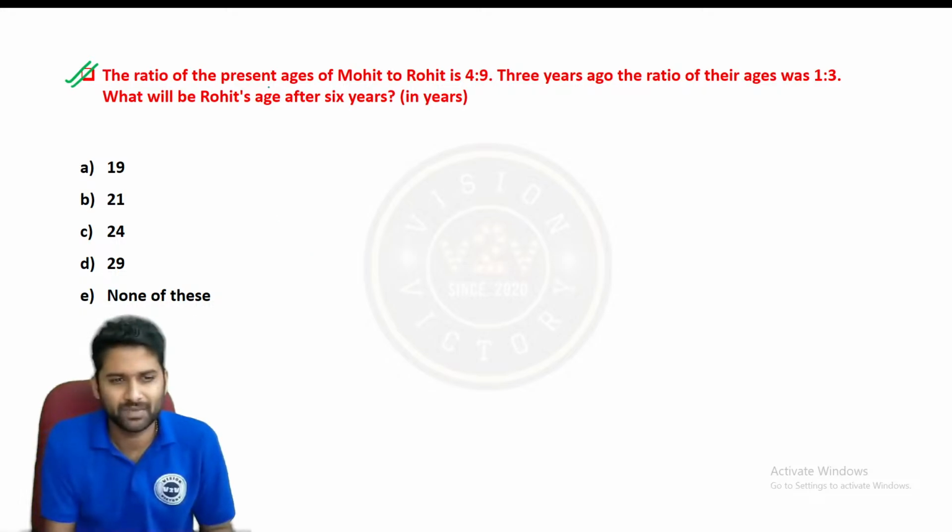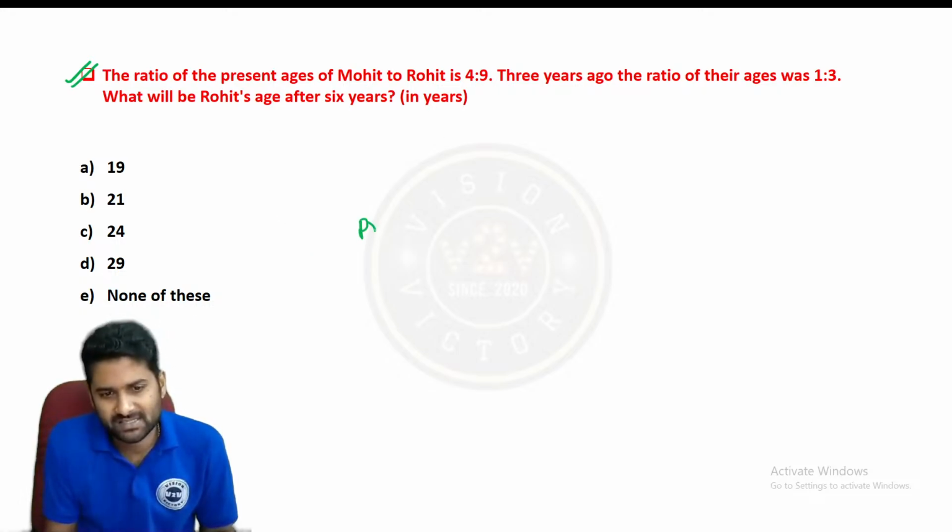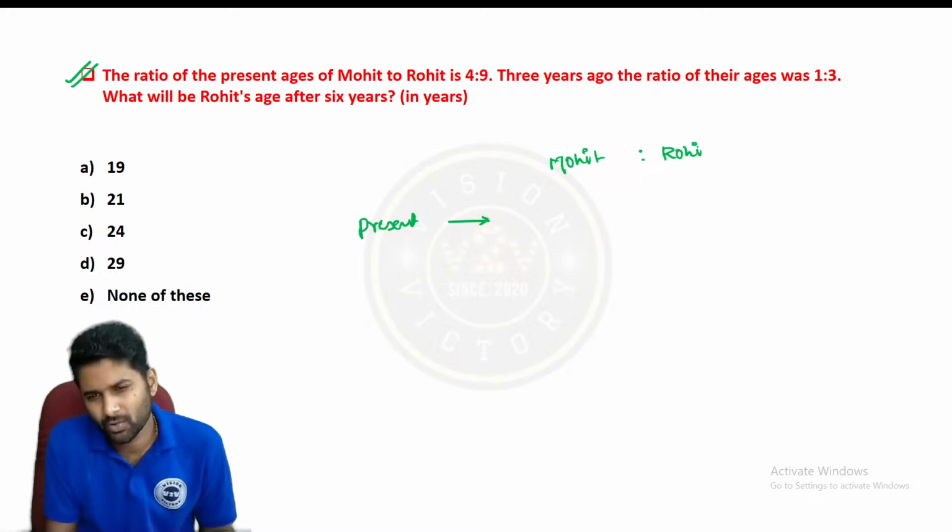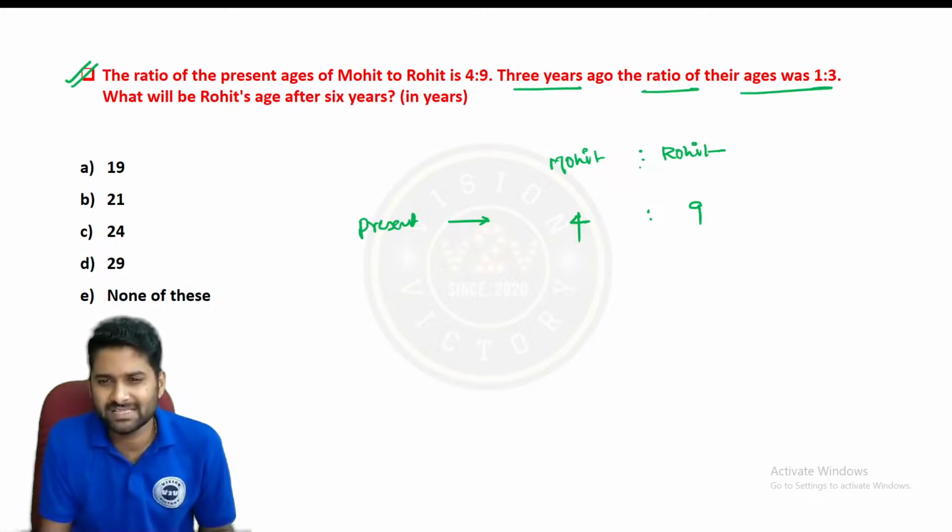Go through that. The ratio of present ages of Mohit and Rohit is 4 is to 9. 3 years ago, their ages were 1 is to 3. Guys, 3 years ago, the respective ages are 1 is to 3.